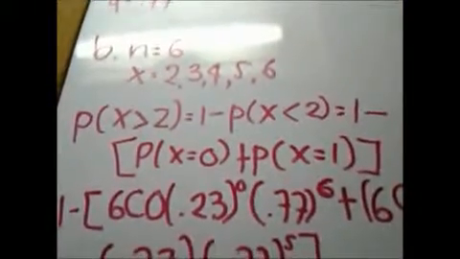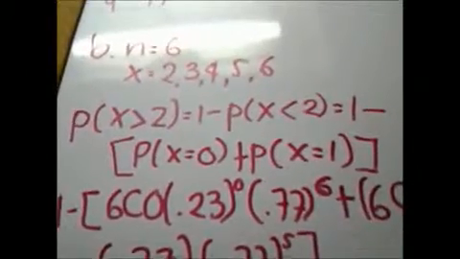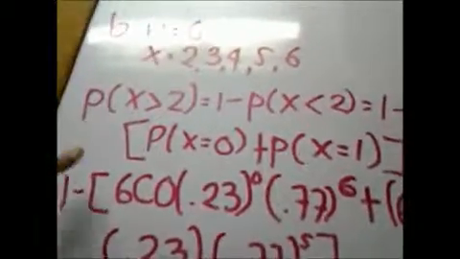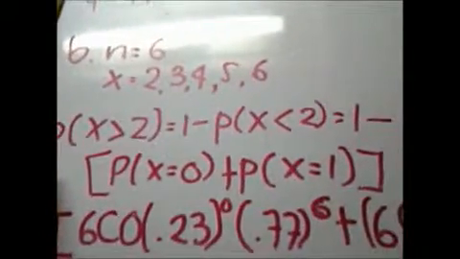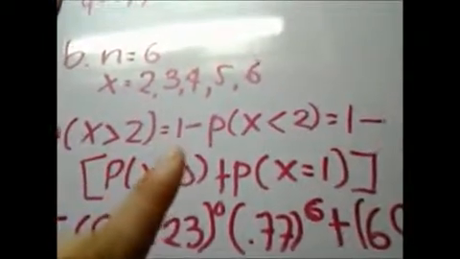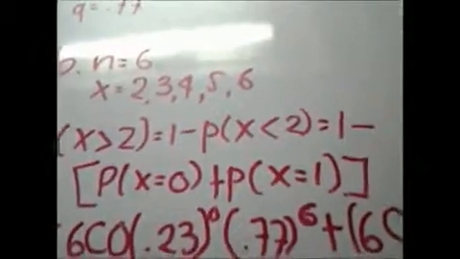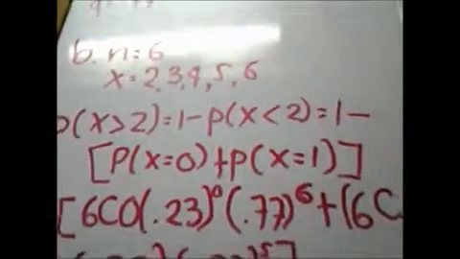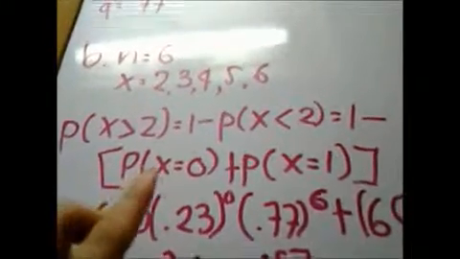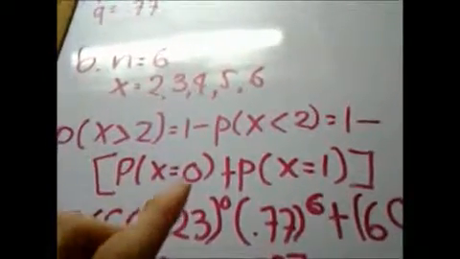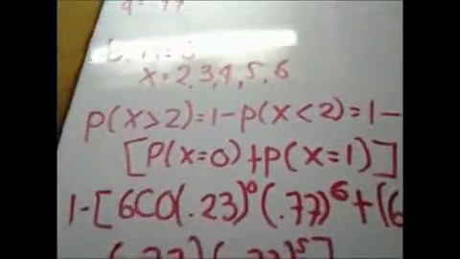So in here we will calculate the probability that x is at least 2. So it is equal to 1 minus P(x less than 2), equal to 1 minus the parenthesis of P(x = 0) plus P(x = 1).